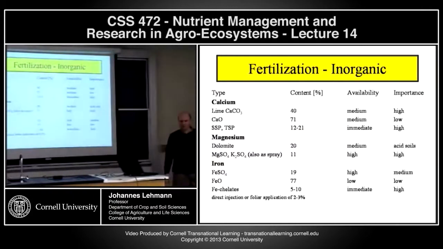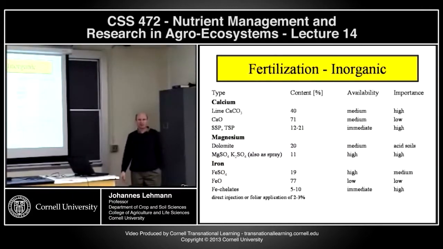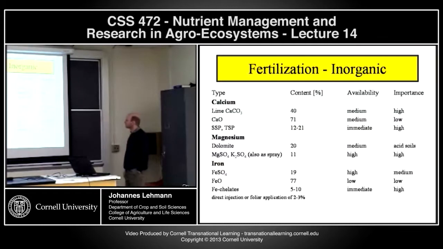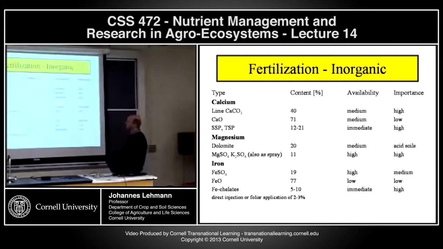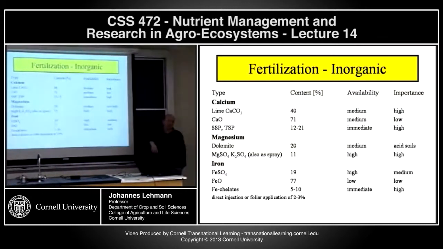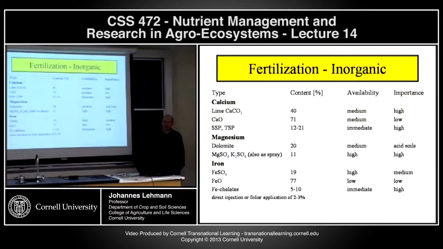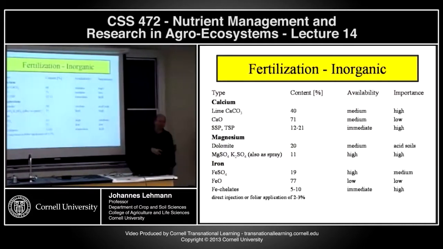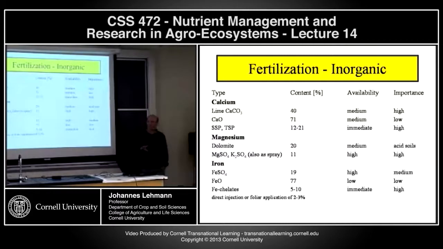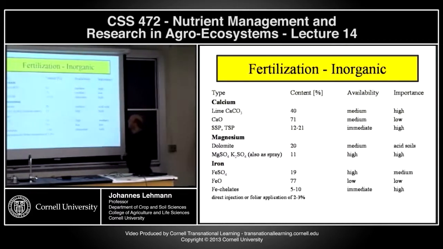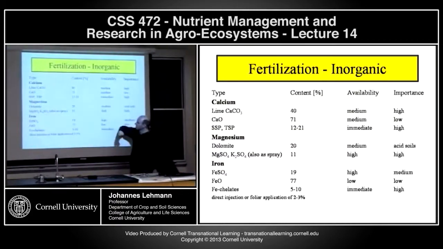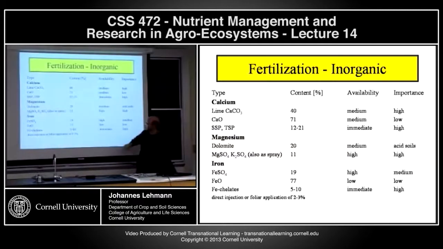So you apply actually quite a lot of calcium with your phosphorus fertilizer. And in many instances that would be possibly enough to replenish any offtakes or to avoid deficiencies when you have other sources such as from weathering or deposition.